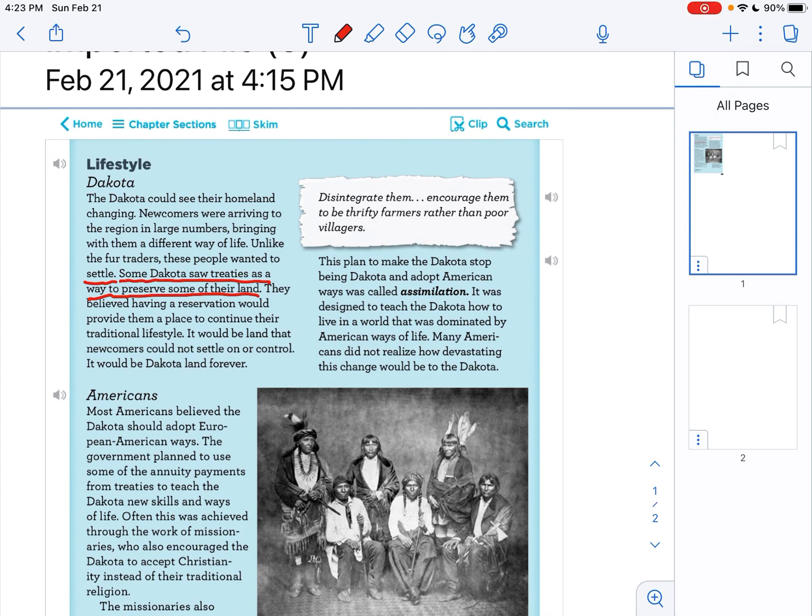They believed that having a reservation, because the only way they agreed to sell their land, remember when we were studying the Treaty of Traverse des Sioux, was if the United States government gave them a reservation to live on. They believed that having a reservation would provide them a place to continue their traditional lifestyle. It would be land that newcomers could not settle on or control. It would be Dakota land forever.